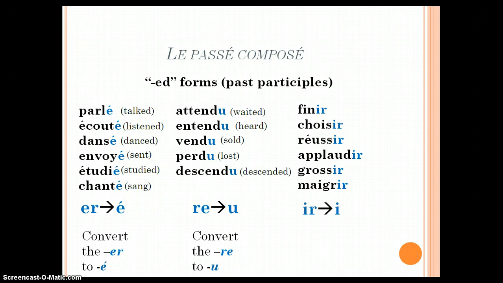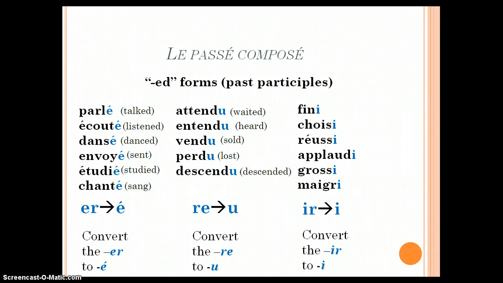For ir verbs, you change the ir to an i. So instead of having finir, choisir, réussir, applaudir, grossir, and maigrir, you have fini, choisi, réussi, applaudi, grossi, and maigri.